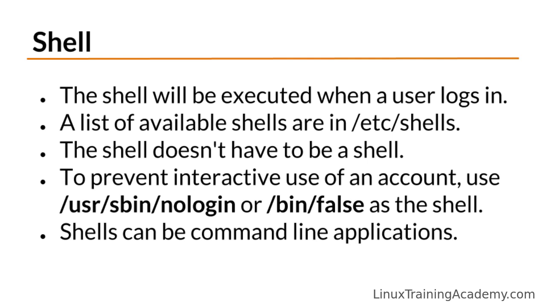For example, you may see /usr/sbin/nologin or /bin/false in the shell field for certain accounts. This ensures that no one can use those accounts interactively. You can also use the shell field to execute a program when a user logs into the system. For example, you could force users into a menu-driven application that only allows them access to certain actions.